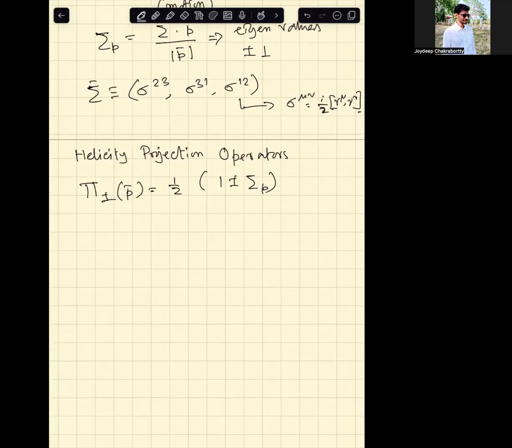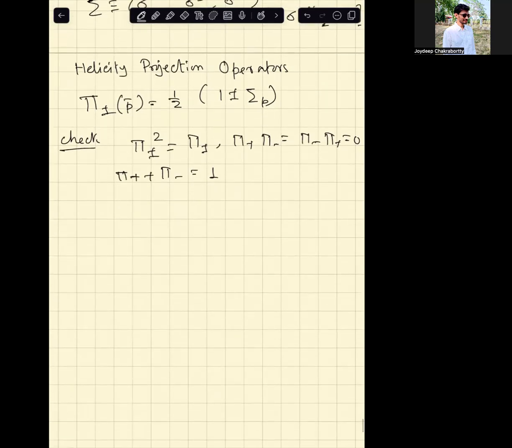And once you define that, then you can check whether the following properties are satisfied or not. What should you expect? Pi plus minus square equal to pi plus minus, then pi plus pi minus equal to pi minus pi plus equal to 0, right? And then pi plus plus pi minus equal to identity. Okay, so that is how you can define this thing.